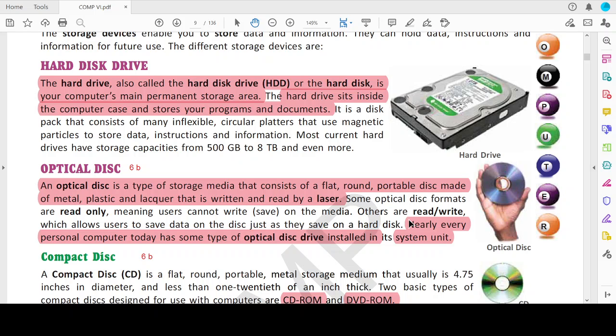If you want to read and write as well, you need to have a CD-ROM with a read-write format. So you can save new data on the CD-ROM, and data can be read from the CD-ROM as well.